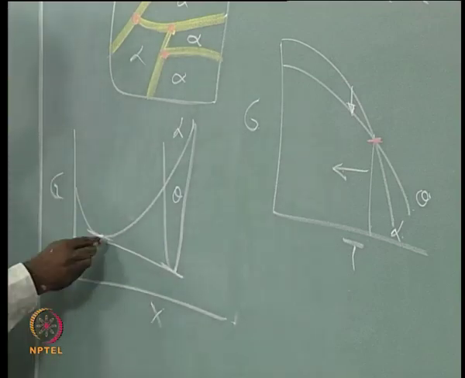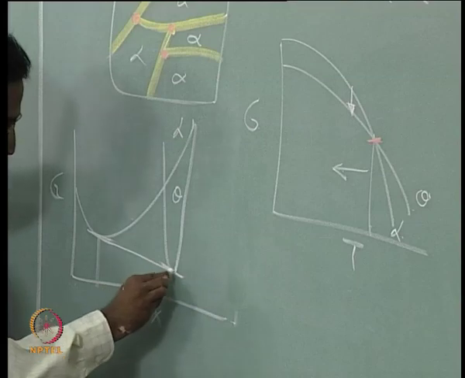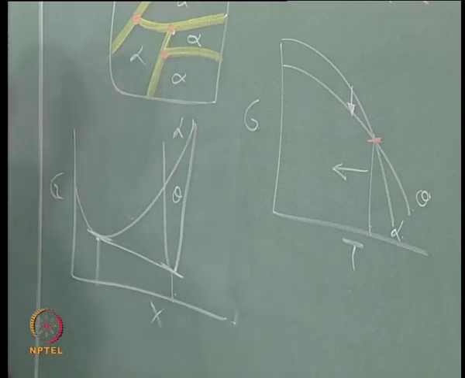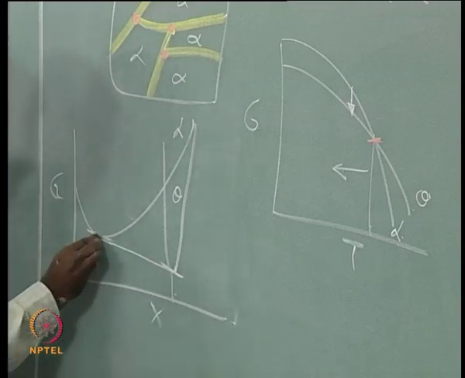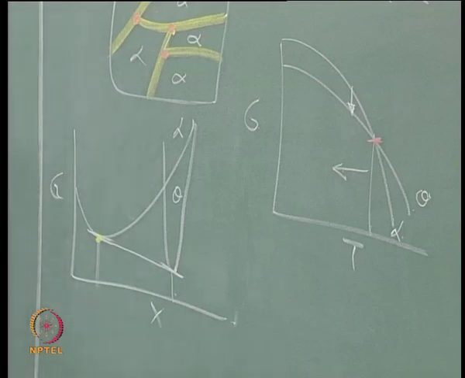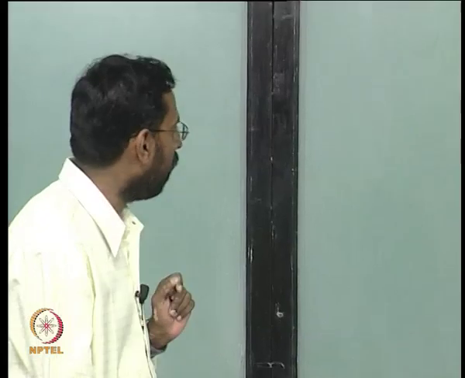So this is one composition, this is another composition. What does this composition correspond to? That yellow dot is the composition of alpha in equilibrium with theta. Where is it on the phase diagram?